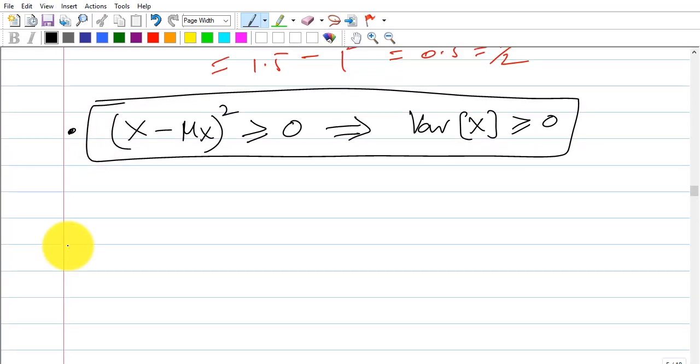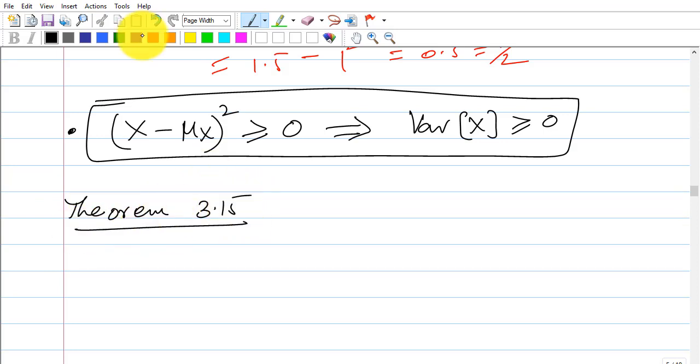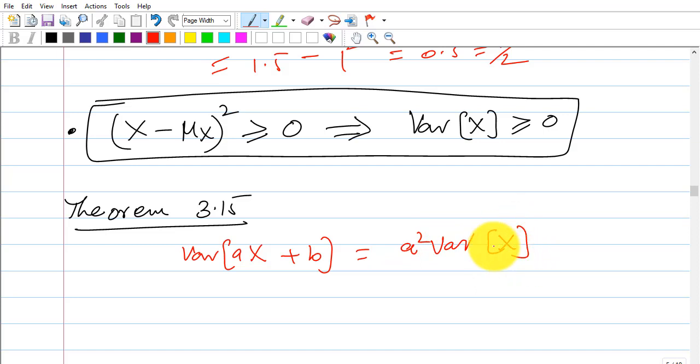Now let's see a theorem stating one of the properties of the variance. It says that the variance of ax plus b is equal to a square times the variance of x. And obviously, what should be the variance of a constant? As we have seen, the expected value of a constant is the constant itself.